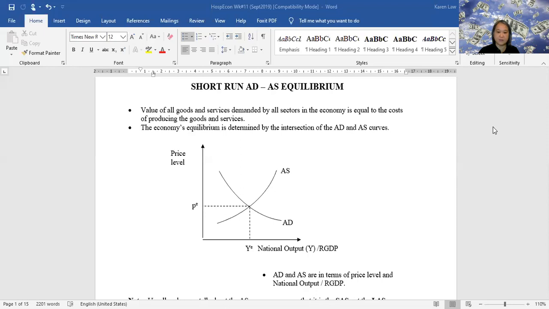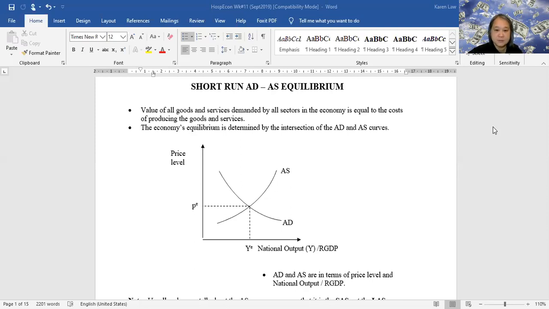That is why we have aggregate demand and aggregate supply. And on our y-axis, we don't have price anymore, but we have price level. And on our x-axis, we have output, and in terms of our overall output in our nation, it is going to be our GDP.